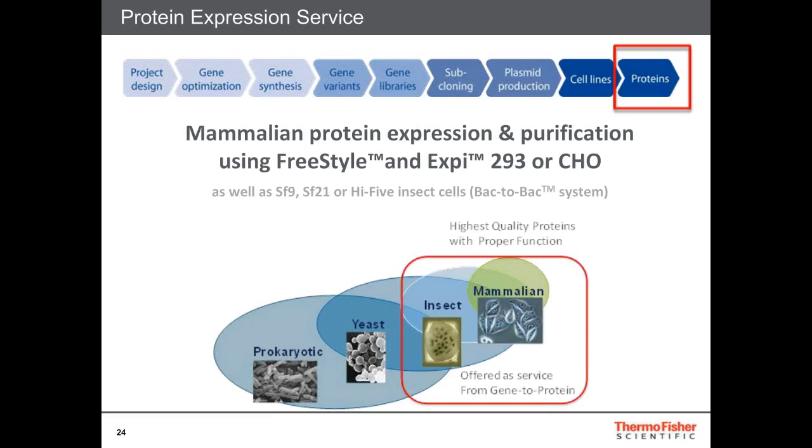We strongly focus on mammalian protein expression because, as we talked about before, these indeed deliver the highest quality proteins with the most proper functions. And as most of our customers are really biopharma and biotech customers who are interested in antibody production, those certainly are the expression systems we have to go for.